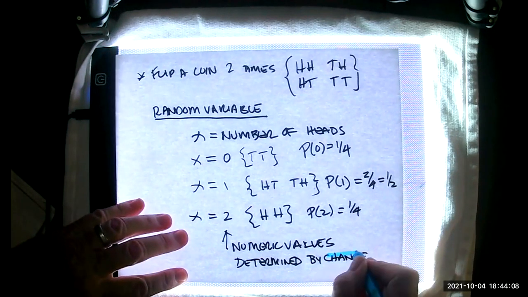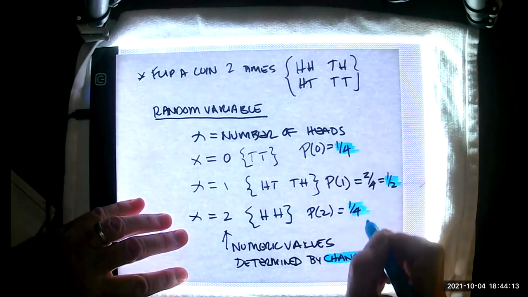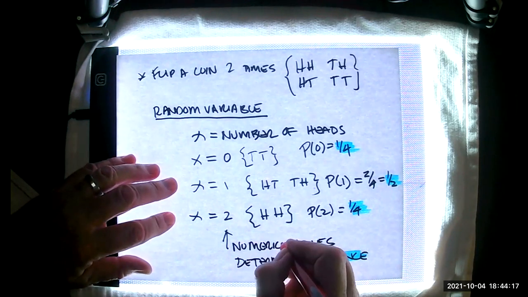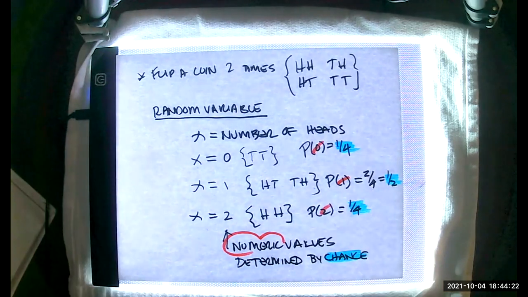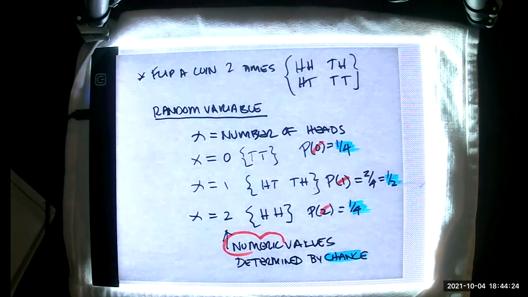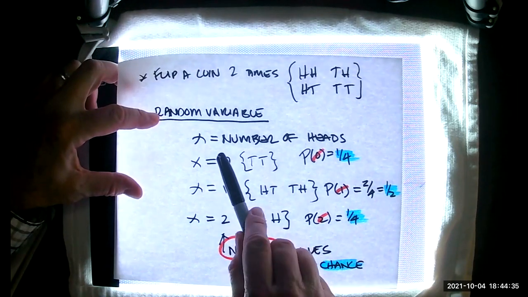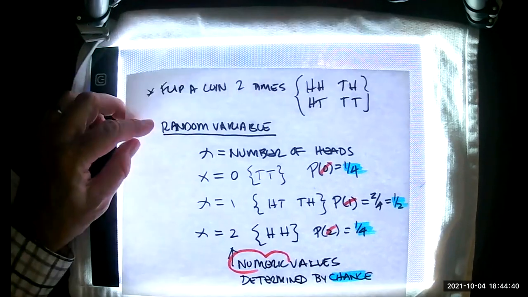So the chance part here is the 1/4, the 1/2, and the 1/4. The numeric values are the 0, the 1, and the 2. That's an example of a random variable, and it's an example where it takes on a particular value. There's a probability that it'll take on any one of those given values.